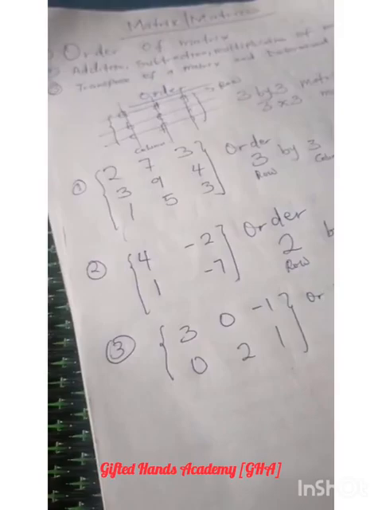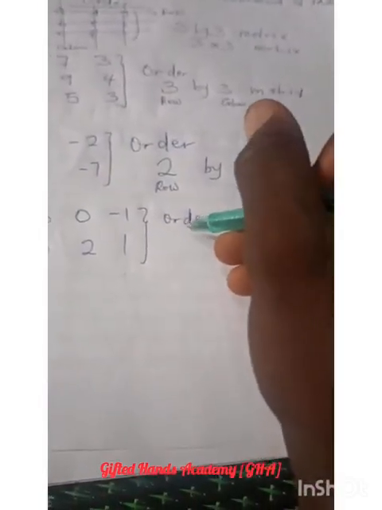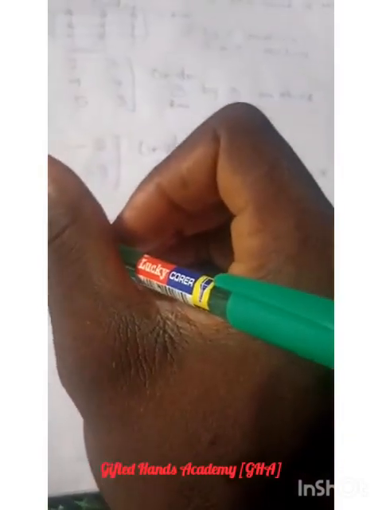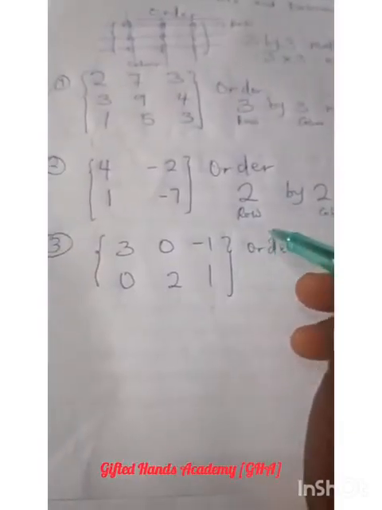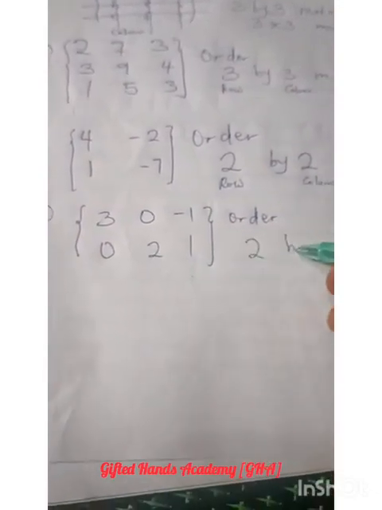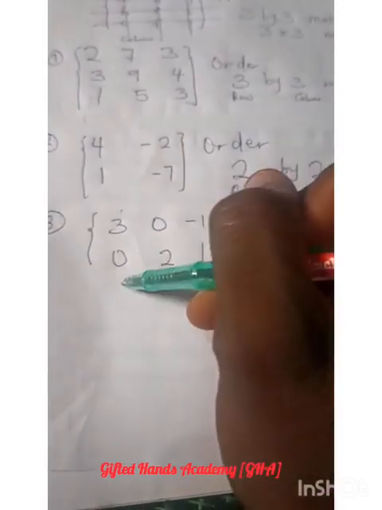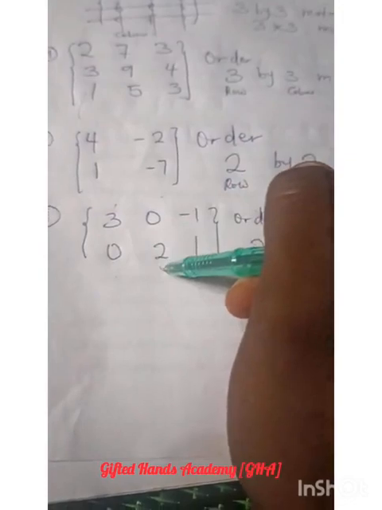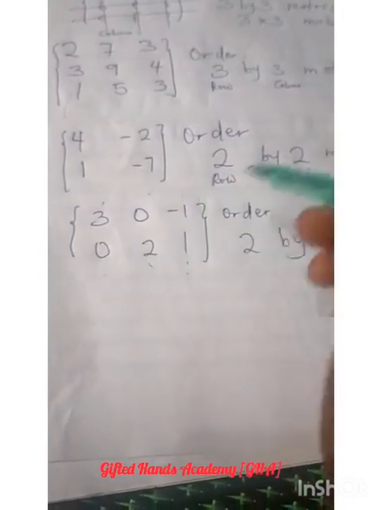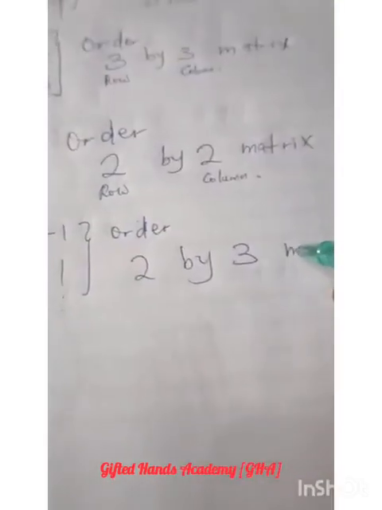So the order of this matrix now is what? I name the row first. This is row 1, this is row 2. So this is a 2 by, then column 1, 2, 3. So this is a 2 by 3 matrix.